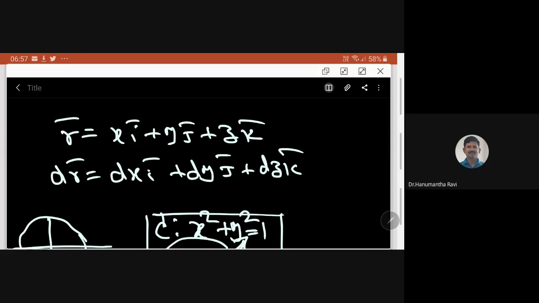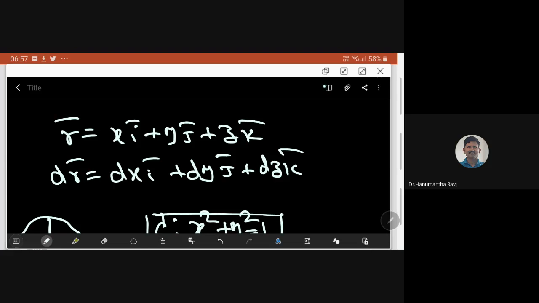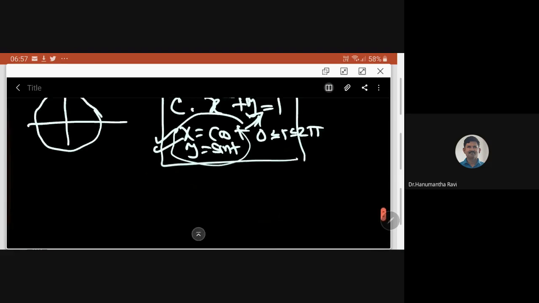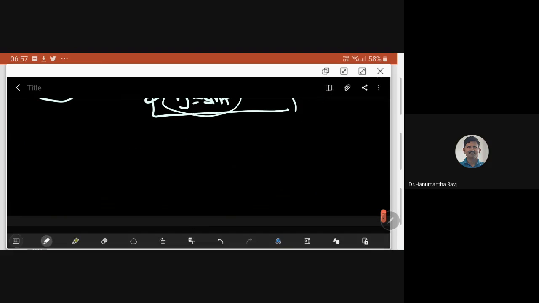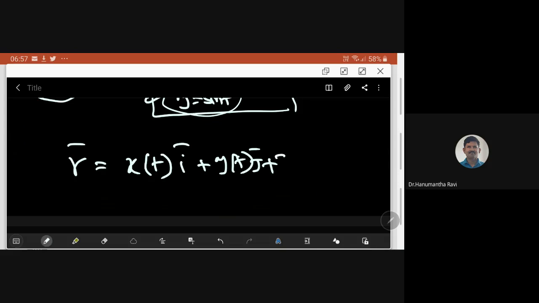So when we are moving on a curve, say C, then your R bar, the position vector along that curve, is x as a function of t times i bar plus y as a function of t, the parameter here, times j bar plus z as a function of t times k bar. You can do like that.